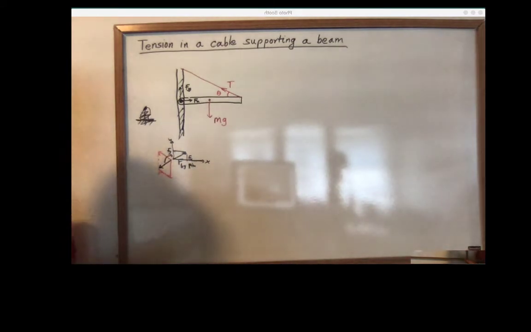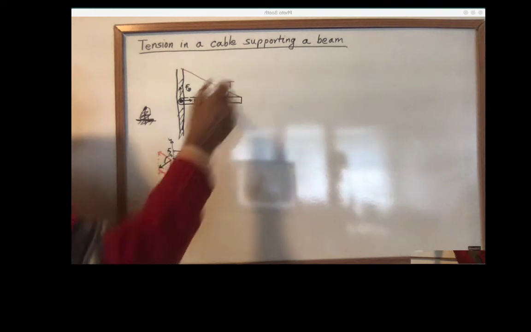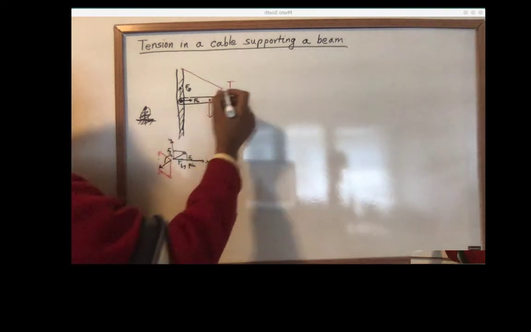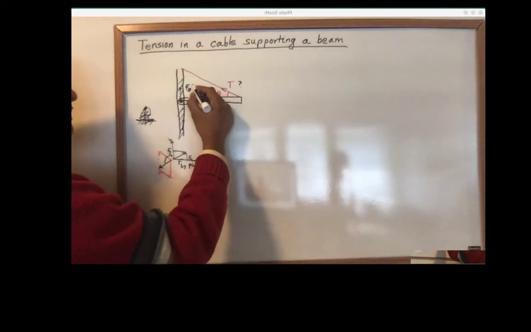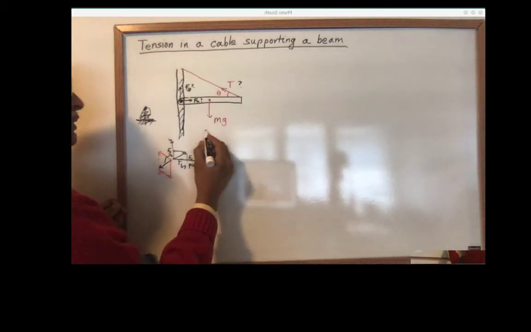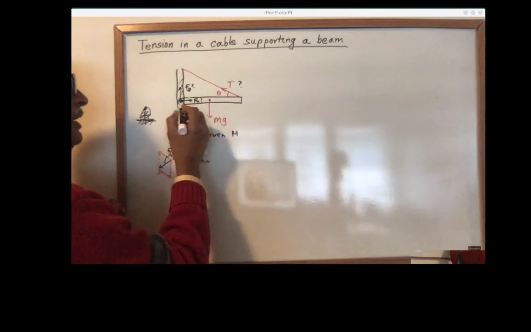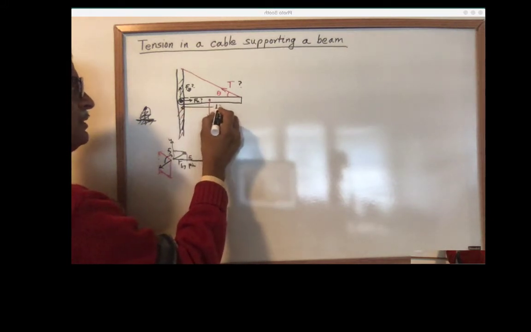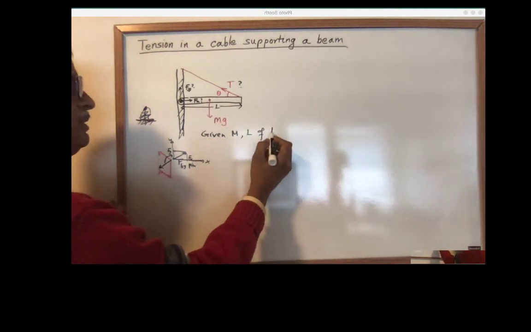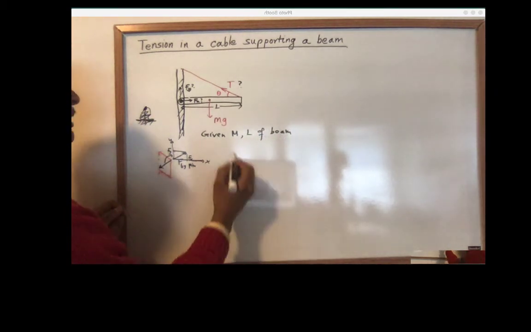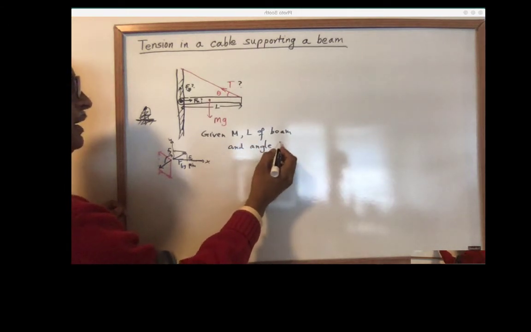Okay, so if you look at it, we don't know the value of this force. We don't know how much tension there is, how much fx there is, how much fy there is. What's given to us is the mass, the length of the beam, and angle theta.